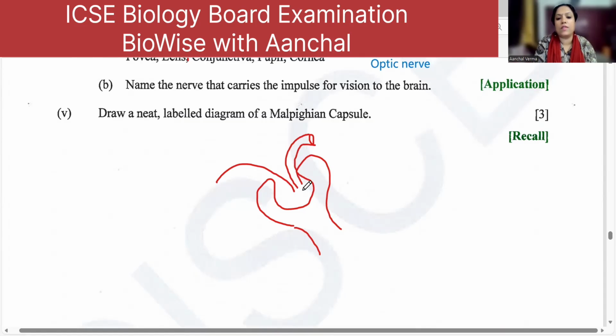This is very important to show, otherwise you will not get the marks. The broader afferent arteriole is where the blood enters, and the thinner efferent arteriole is where the blood exits. This is the glomerulus, the Bowman's capsule, and the PCT. Label the diagram correctly, and you get full marks for your drawing if you show the structural difference of the afferent and the efferent arteriole.